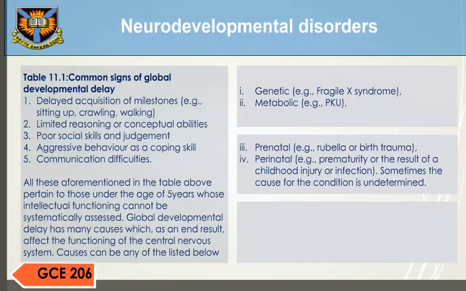Common signs of global developmental delay: 1. Delayed acquisition of milestones, for example, sitting up, crawling, walking. 2. Limited reasoning or conceptual abilities. 3. Poor social skills and judgment. 4. Aggressive behavior as a coping skill. 5.